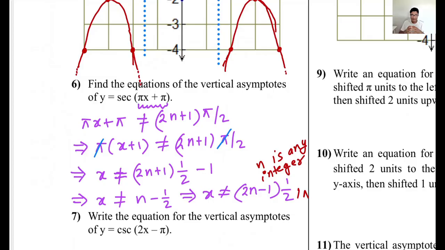Okay, those will be the equations of the vertical asymptotes. And I made a mistake here. All of these should be equations. If you are talking about the domain, you will say not equal to. If you are writing the asymptotes, you say equal to. Okay, sorry about that. Just replace everything with equations.